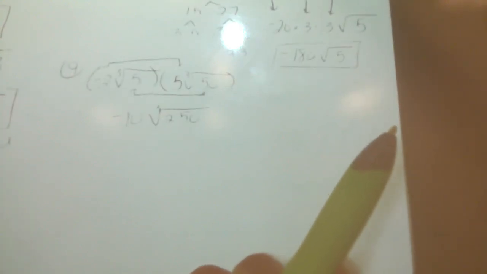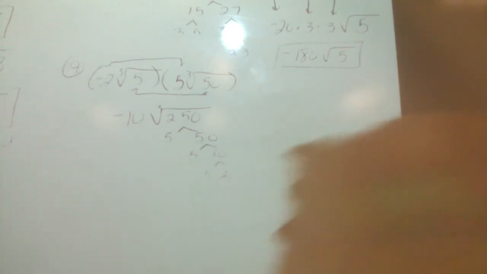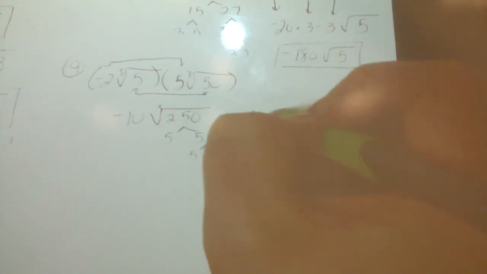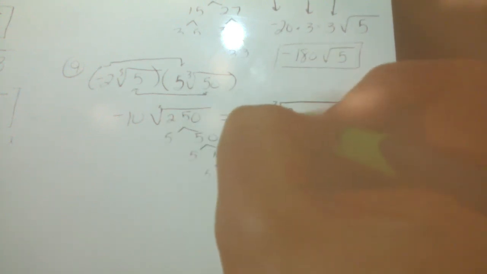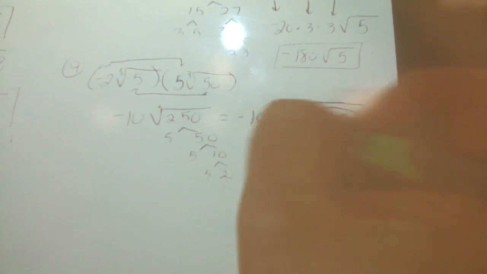Okay, let's break down that 250. I'm going to use 5 and 50. I just multiplied those numbers together. So I've got negative 10, the third root of 2 times 5 times 5 times 5. Here's my group.